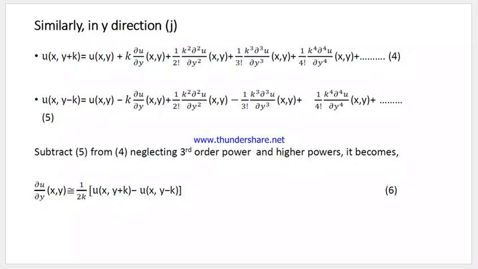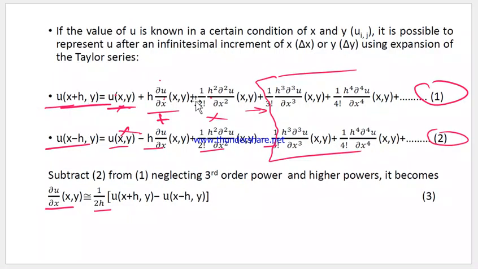Similarly, if you look at the equation as well, we can also get an expression for d square u dx square. How do we do it? If we add equation 1 and 2 together, something interesting will come up here. This and this will be added, u plus u, that will be 2u(x, y). Then this and this will cancel out, because once you add them, they cancel each other.